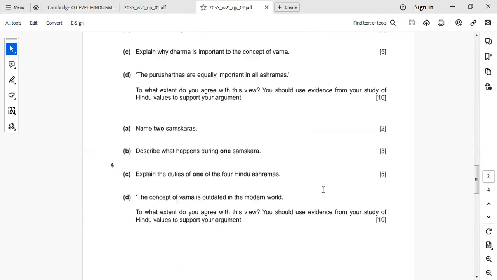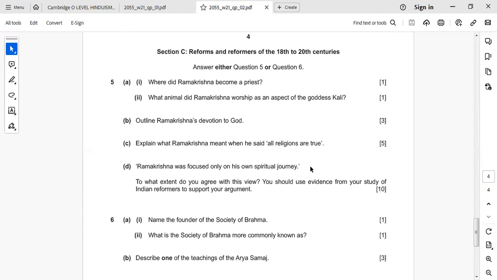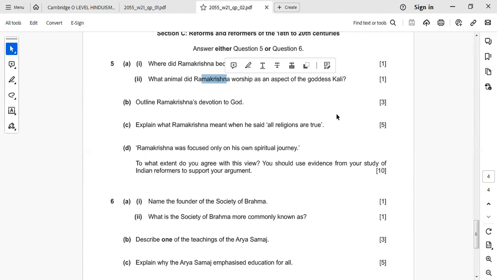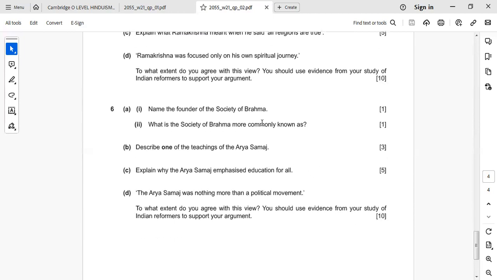This is section B. Then you have section C, where we have the reformers. Either question 5 or question 6. Here you have Ramakrishna. It's not necessary that it's only Ramakrishna in one question. It can vary.